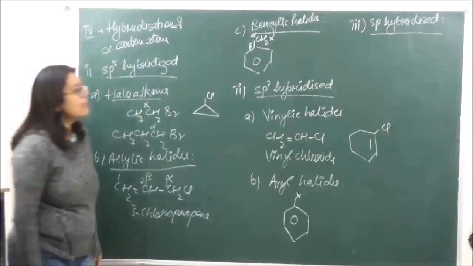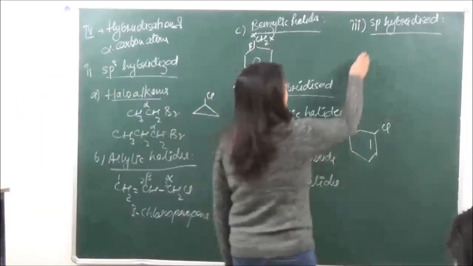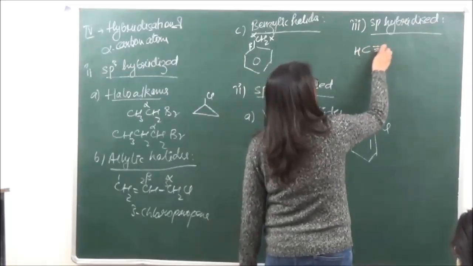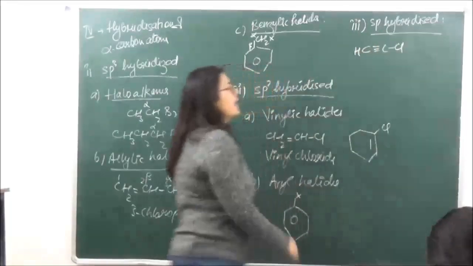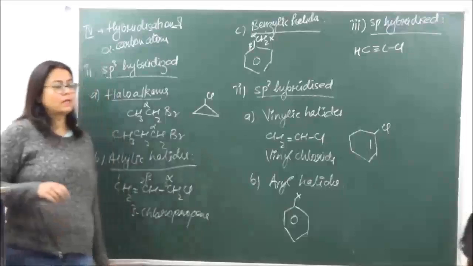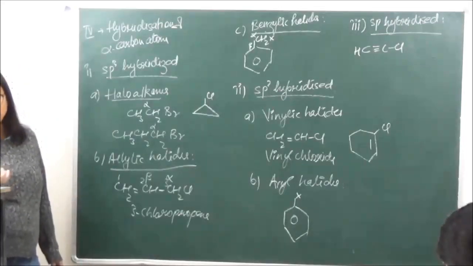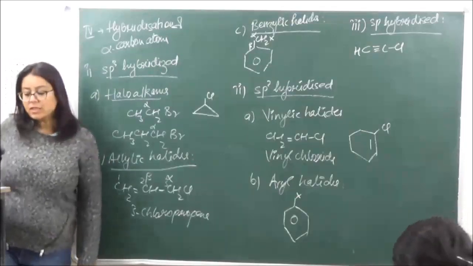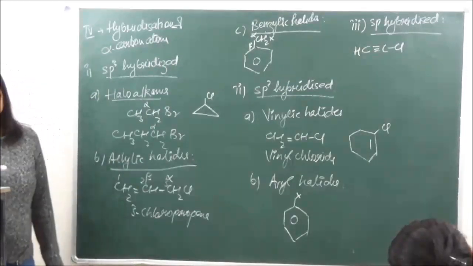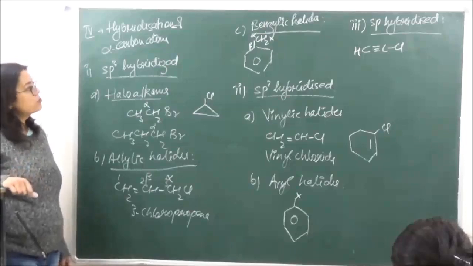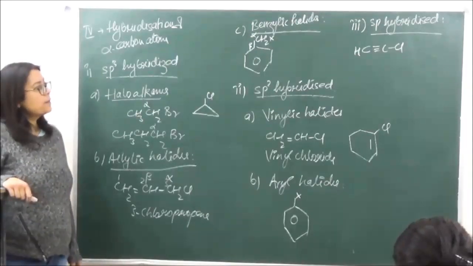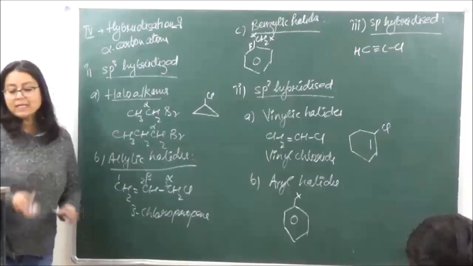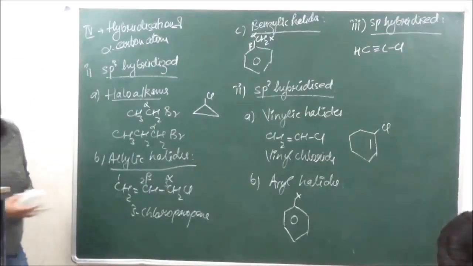In this case, the alpha carbon atom is going to be sp hybridized. So you have an example over here, CH triple bond CCl. Okay, this is known as chloroethyne. So this is how we are going to do the classification. The next topic which we are going to discuss is the nomenclature of haloalkanes and haloarenes.